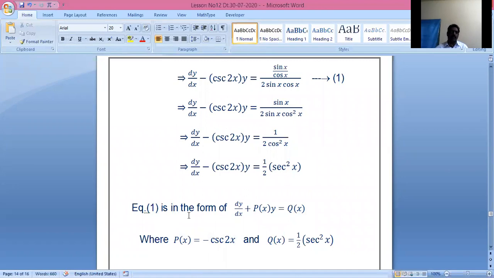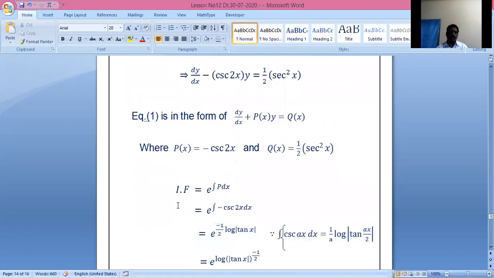Equation 1 is in the form of dy by dx plus p of x into y is equal to q of x, where p of x is equal to minus cosecant 2x and q of x is equal to 1 by 2 into secant square x. Here IF is equal to e to the power of integration p dx, that is equal to e to the power of integration minus cosecant 2x into dx.